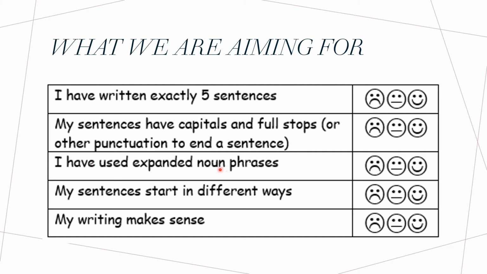We've worked really hard on expanded noun phrases and I would hope that our writing still makes sense. But today we're going to do sentences starting in different ways. That's the only thing we haven't tackled yet, so that's what we're going to work on, and then we'll come back to this marking ladder later, and you'll find that there is one at the end of the planning sheet that I've submitted for today.